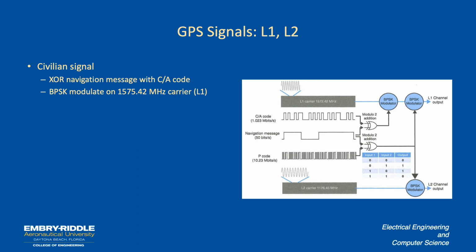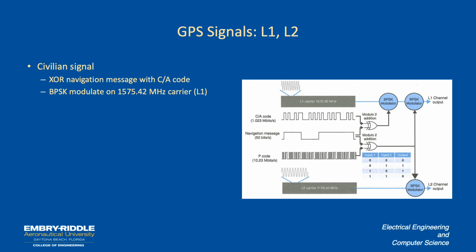We're going to take the P code, which is another pseudo-random noise sequence, and we're going to XOR it with the navigation message here, and we're going to combine that. We're going to use that as a BPSK modulation for the L2 carrier at 1176.45 megahertz.